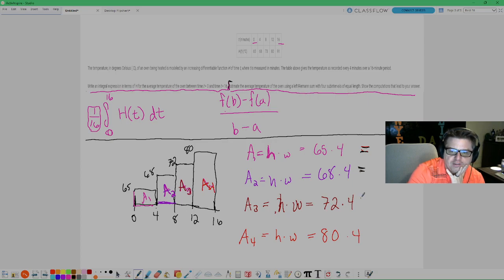Take those 4 values, add them together, and find the average temperature. So this would be the total temps overall. Then we want to divide it by 16. So we're going to take this solution after we add them all together, and we're going to divide by 16 to get the average temperature.